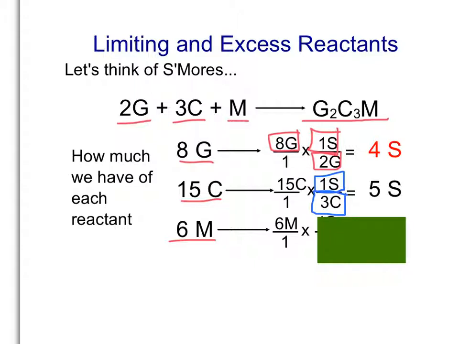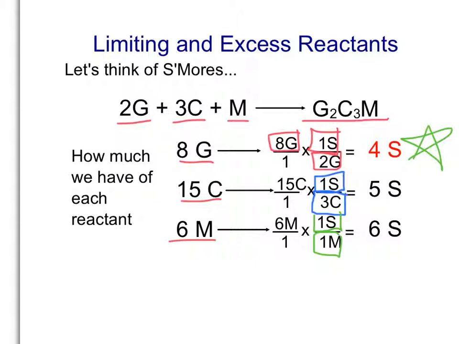And then if we have our 6 marshmallows, well, in this case, I have 1 marshmallow for every 1 s'more created, so I could create 6 s'mores, which means that my graham crackers produce the least amount of s'mores, and so that is going to be my limiting reactant, which means that both my chocolate pieces and my marshmallows are my excess reactants.